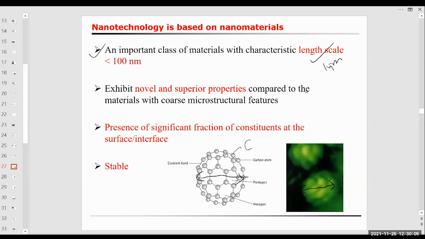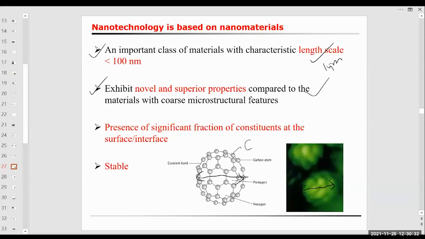What are the properties? Exotic properties. If I measure electrical properties, I cannot use Ohm's law to explain. Some peculiar, special electrical behavior, optical behavior, so many properties this is exhibiting. It can be used in optical applications, electronic applications, biological applications, whatnot. So the second point is clarified.